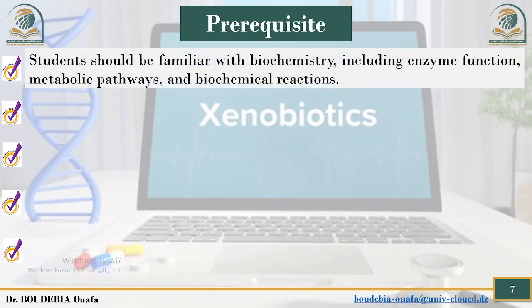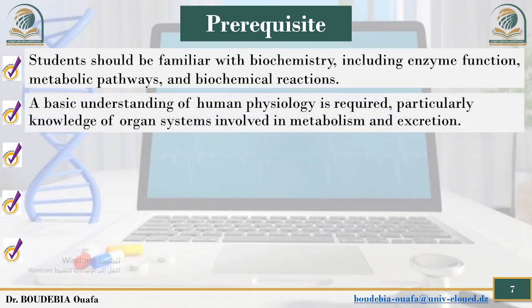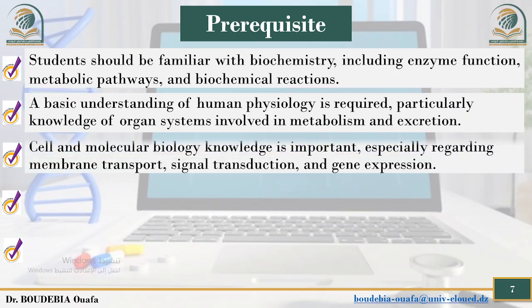And the students should be familiar with biochemistry, including enzyme function, metabolic pathways, and biochemical reactions. A basic understanding of human physiology is required, particularly knowledge of organ systems involved in metabolism and excretion.